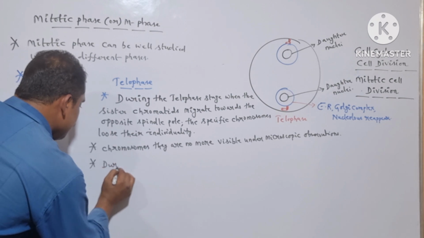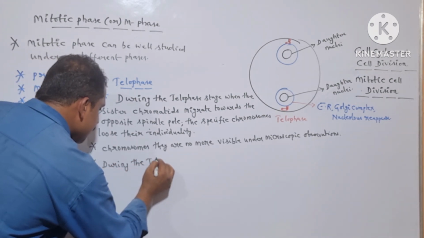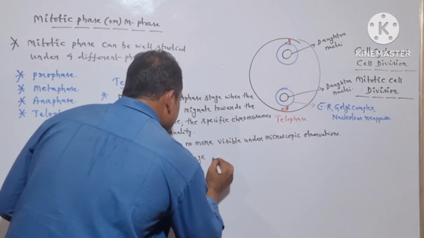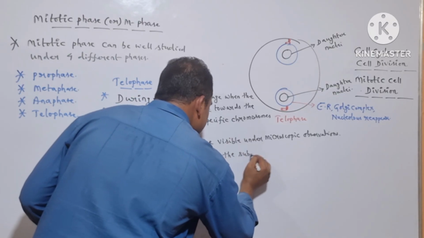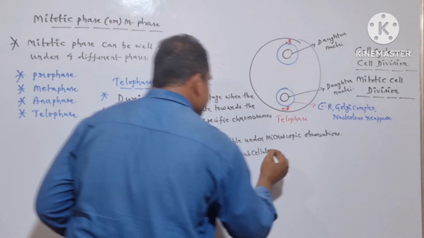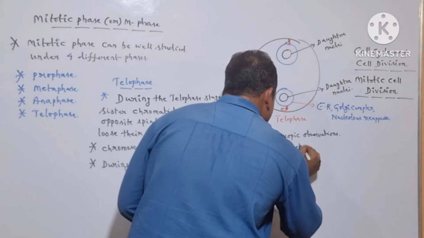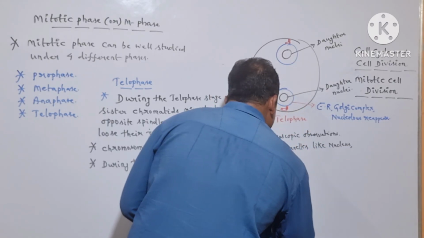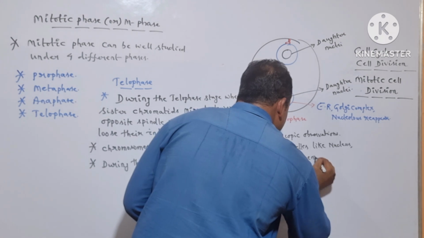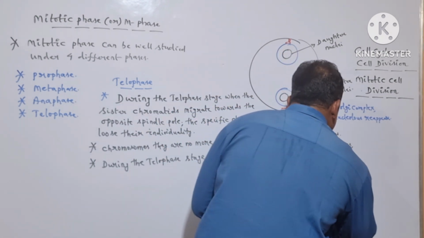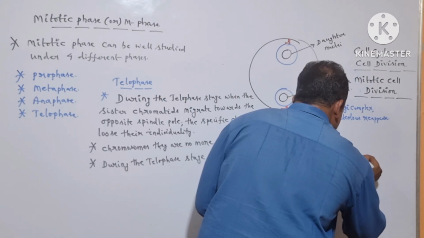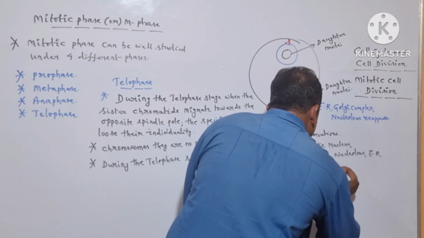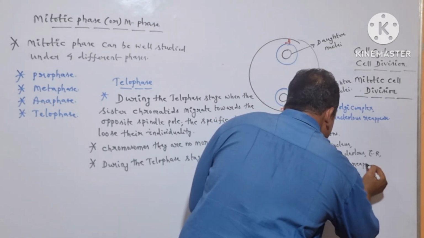During the telophase stage, all the subcellular organelles like nucleus, nuclear envelope, nucleolus, endoplasmic reticulum, Golgi complex reappear, right?